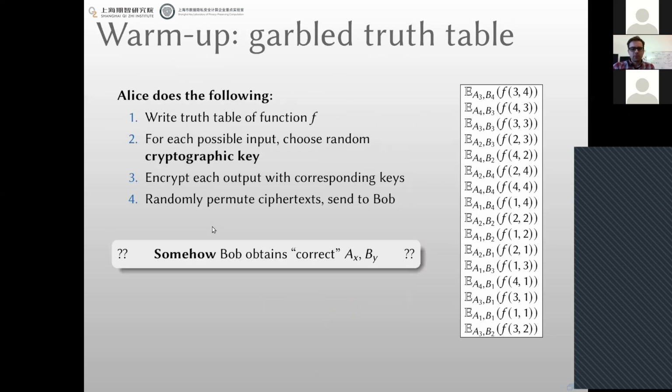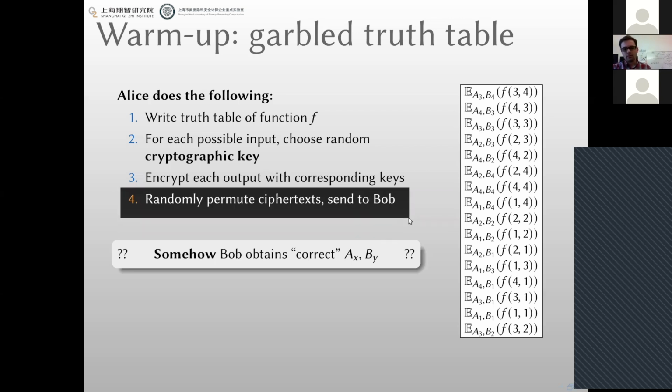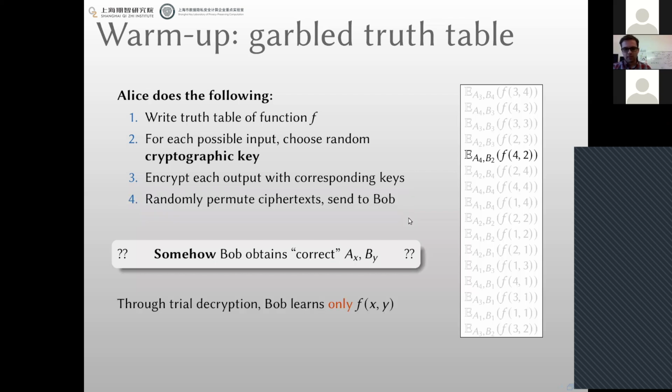In this warm-up protocol, there's an important step where we randomly permute these ciphertexts. If we didn't randomly permute them, then when Bob goes through and tries to decrypt all of them, he finds the one that he can decrypt. But if we didn't randomize the order, he would know just by the position that the input was 4-2, right?